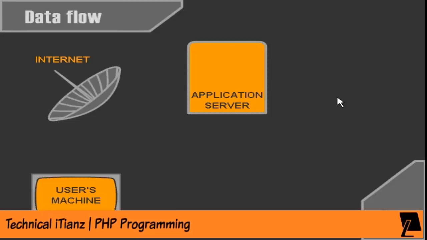An application server, however, can run a script when that's requested by the user, and through the input that the user has returned to the application server, it can make dynamic and more intelligent choices about the kind of content that the user wants to see.